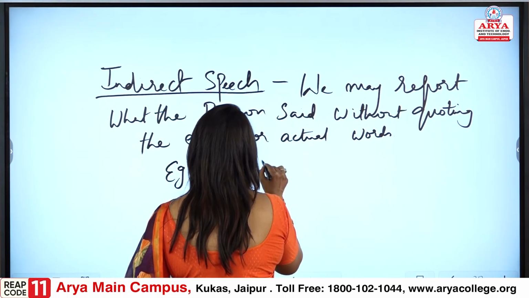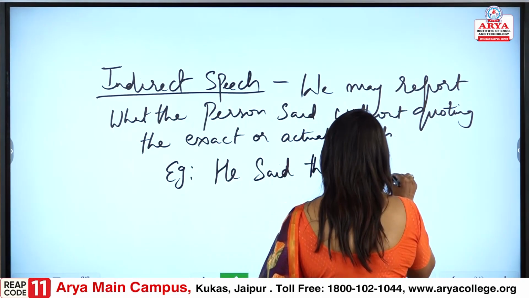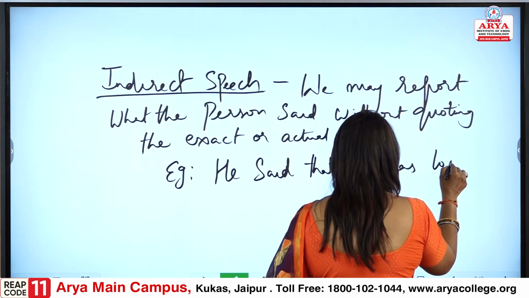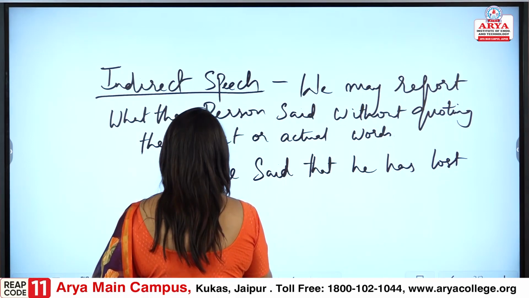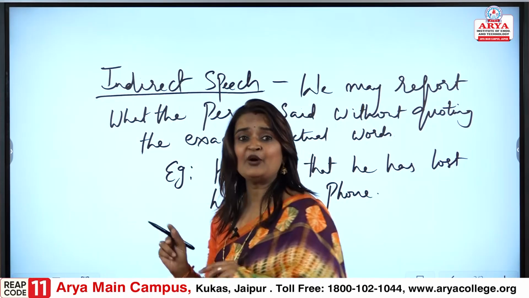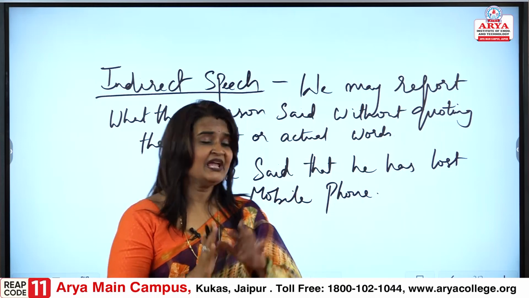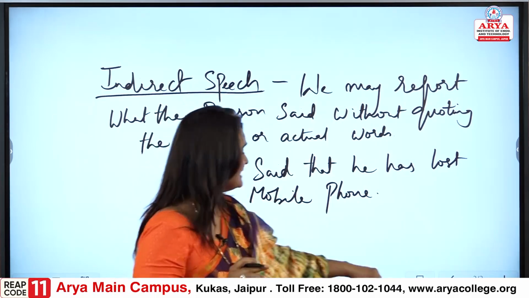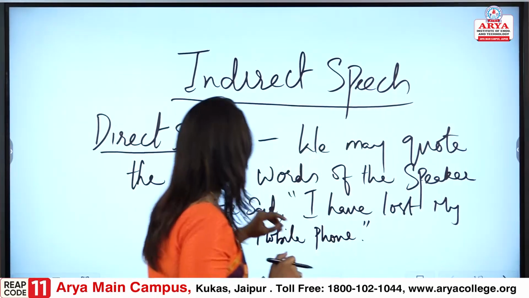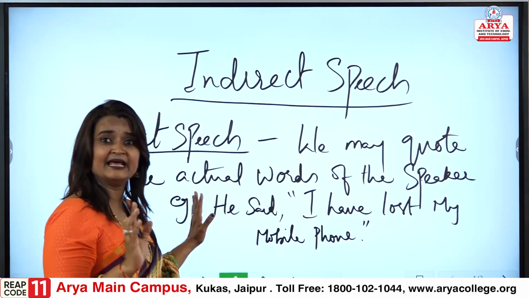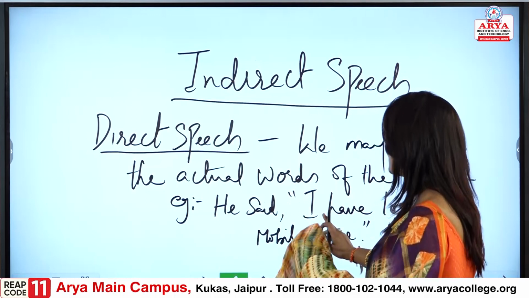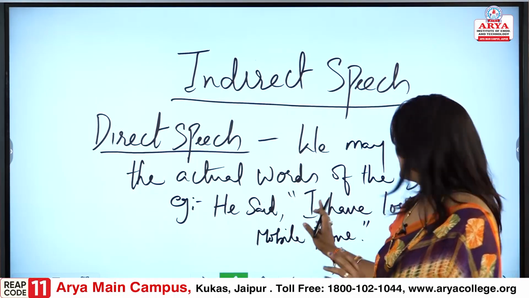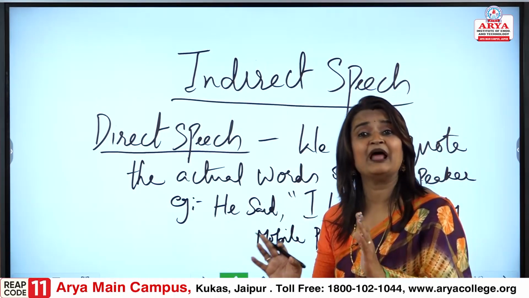He said that he had lost his mobile phone. Now, this is not the same thing as in direct speech, the way it is quoted: he said, "I have lost my mobile phone."